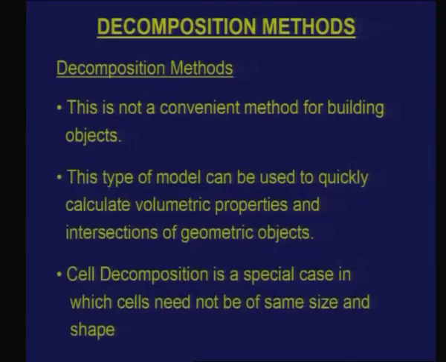So, if we look at decomposition methods, this is not a convenient method for building objects, but this is good for calculation of volumetric properties and intersection of geometric objects. One can also think of, we looked at two decomposition methods, octree and voxel based models.